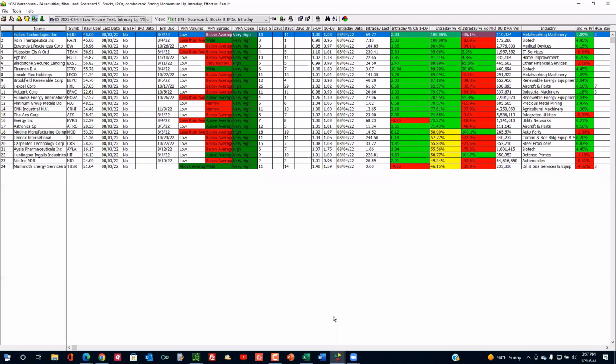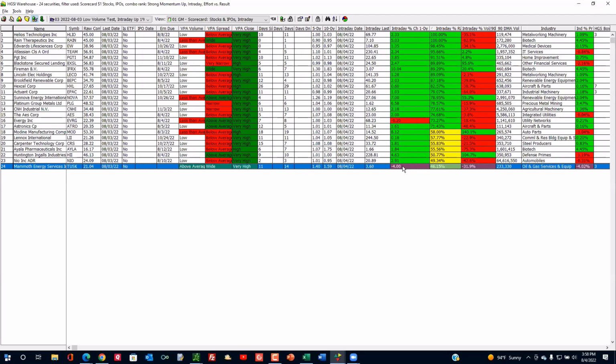Now, the reason I did this is that on a real hard down day, you're going to find a bunch of stocks that are down. But if you run this early in the morning, you're going to find a bunch of negative stocks here. And what this does, it's going to find stocks that are coming off the bottom and showing a low volume test.